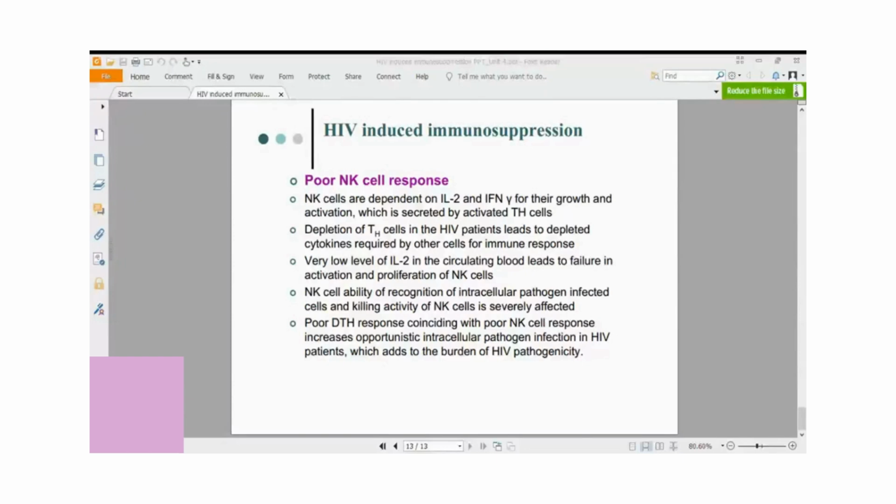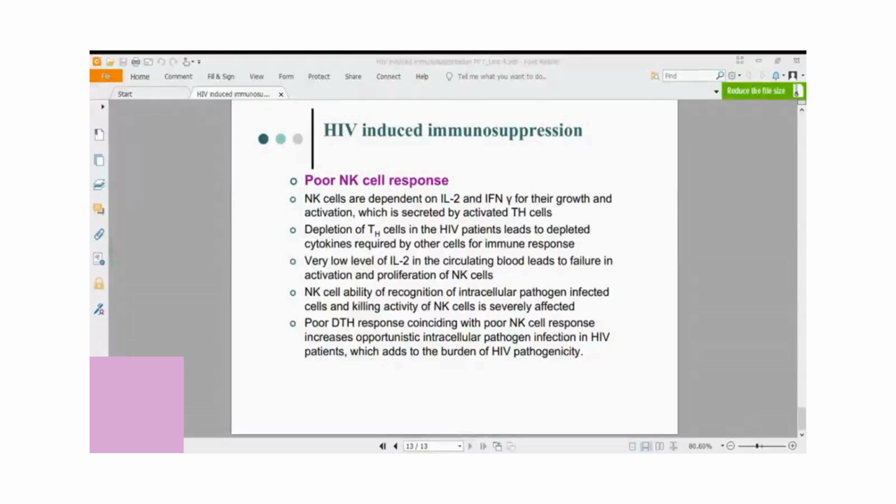Okay, that is cell killing activity, cytotoxic activity of TC cells also depleted, the cytotoxic activity of NK cells also depleted. Initially, ADCC response will be responsible for the killing of Th cells which are infected by the virus. That is responsible for depletion of the Th cells.